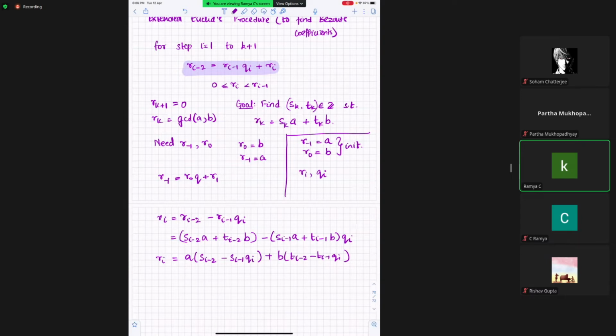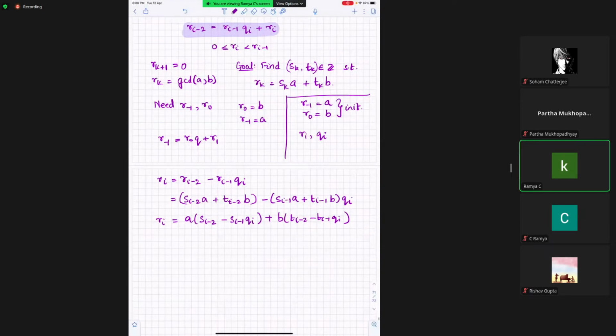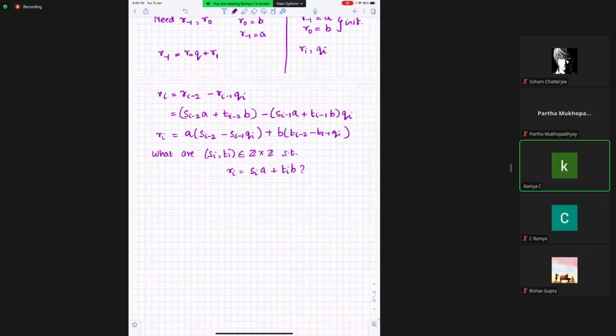In the ith step, if I ask you what are S_i, T_i such that the remainder is equal to S_i times A plus T_i times B, right? What will you output? What will be your answer?